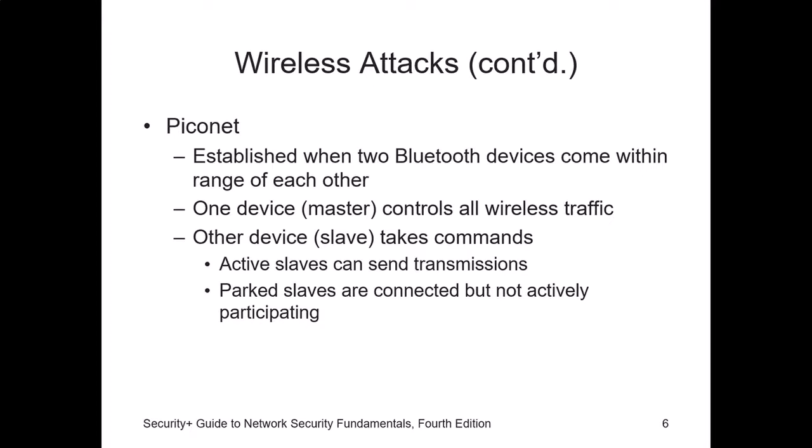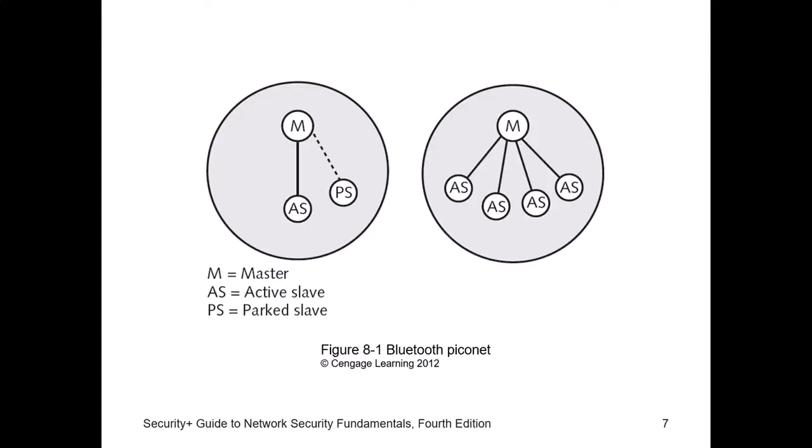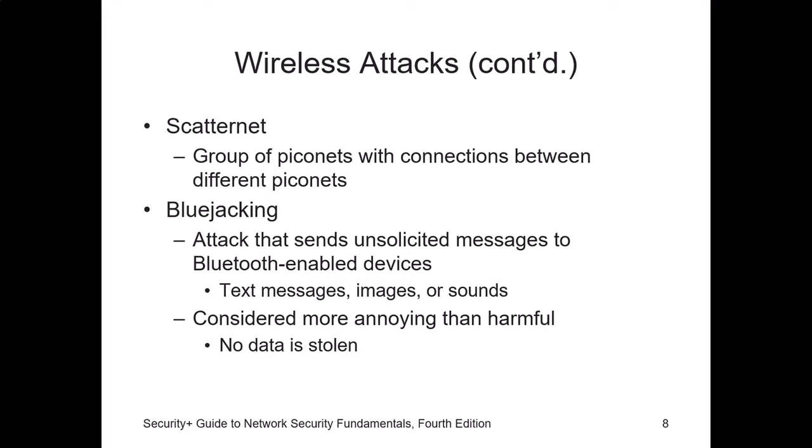Maybe you'll have a master Bluetooth device that connects to several slave ones. The slave ones, for example, will be like your speakers, and you have a master Bluetooth device that controls all of these speakers. A scatternet is when you have a group of piconets with connections between different channels.